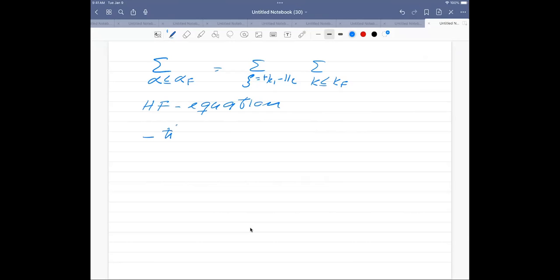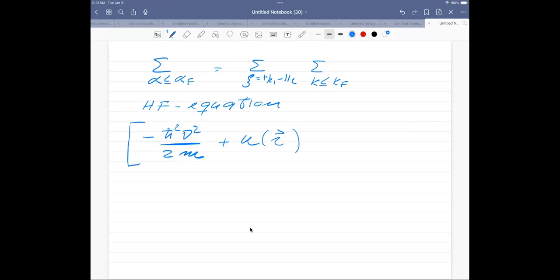So we have minus h bar squared, the second derivative divided by 2m, and we have a term plus u of r, which we also haven't defined. This is the charge from the background ions, and this is a potential which confines the motion of the electrons. But we assume also that that potential is spin independent.